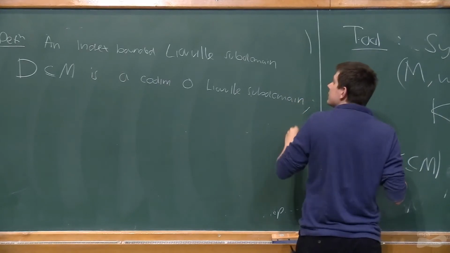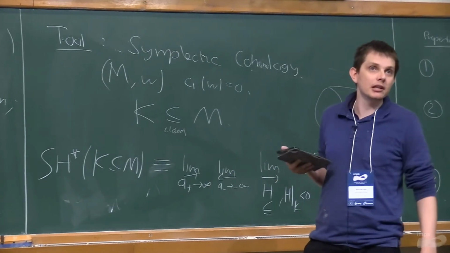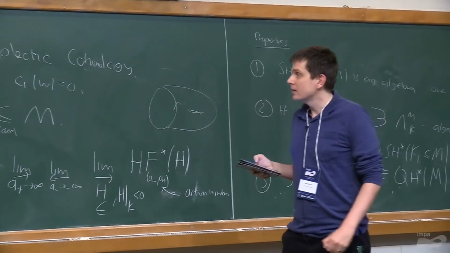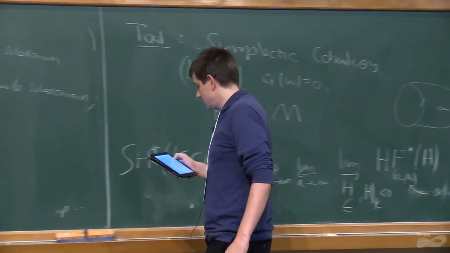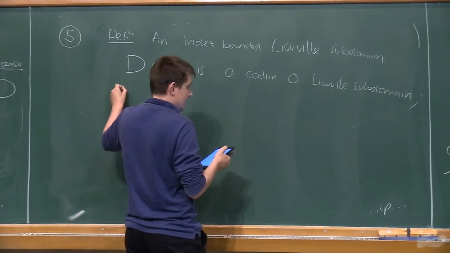If you don't know what that is, it's basically a codimension 0 submanifold whose boundary is a contact manifold, with a Liouville form.